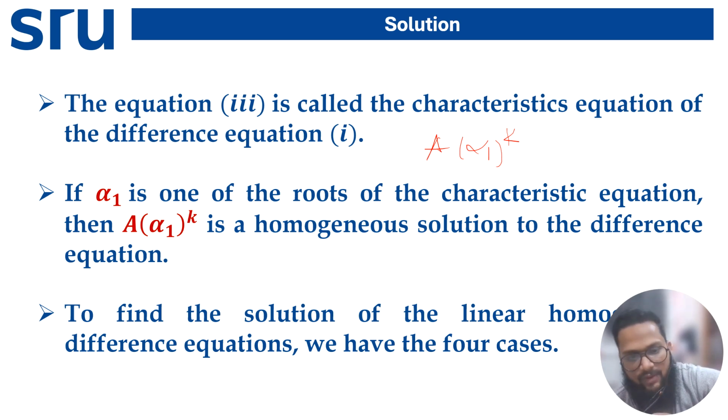Now to find the solutions of linear homogeneous difference equations or recurrence relations, we have a total of 4 cases. We will discuss each case one by one, so please give your attention.